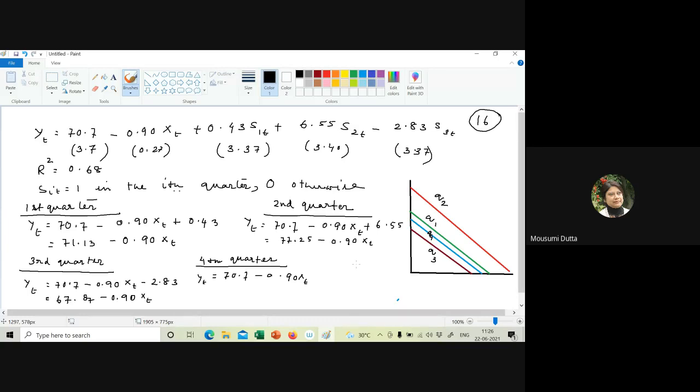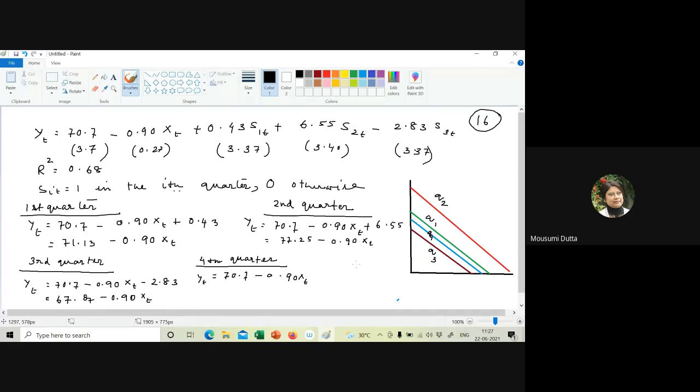Or, don't write although: both the quarters Q2 and Q1, that is first and second quarters, have higher intercept compared to the fourth quarter.